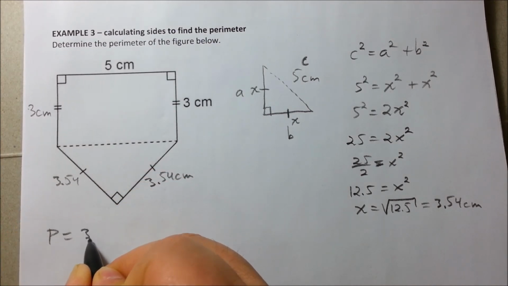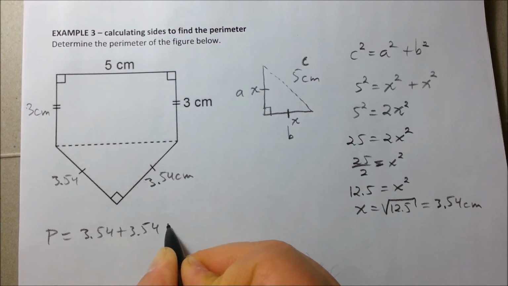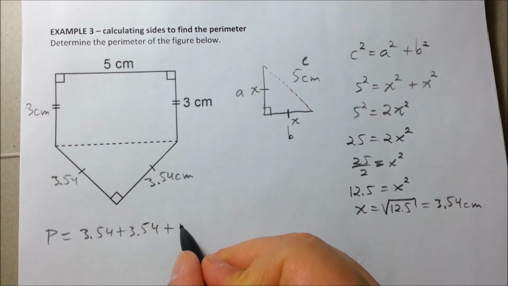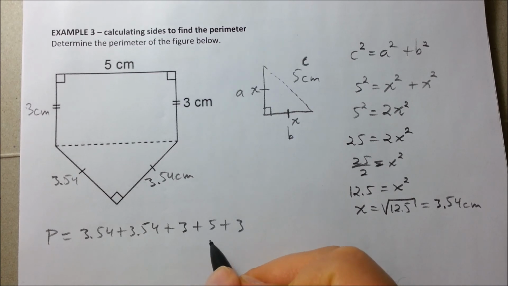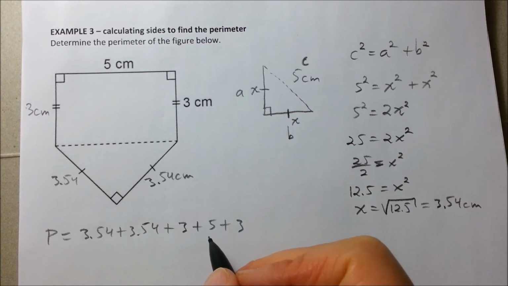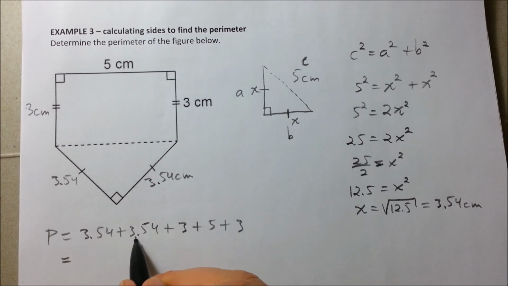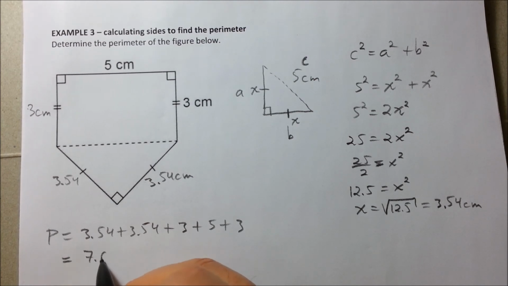So 3.54 plus 3.54 plus, so we're going this way, 3 plus 5 plus 3 plus 3 plus 5 plus 3. And what is this going to be equal to? Well, if you add these two, you get 7.08.